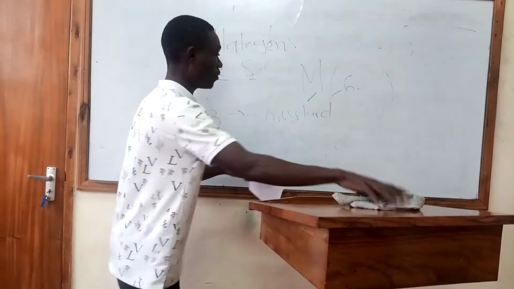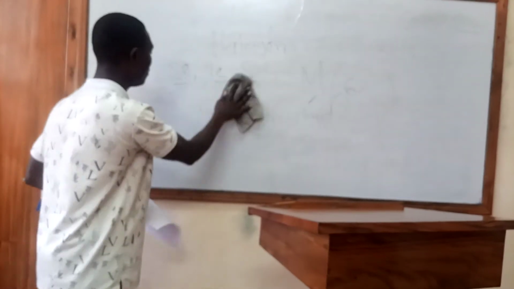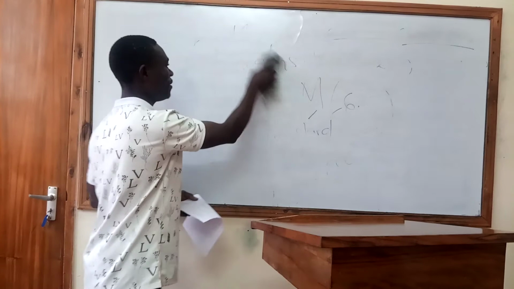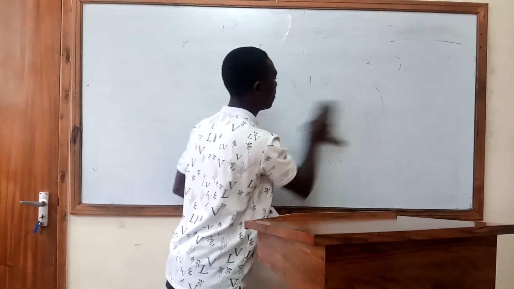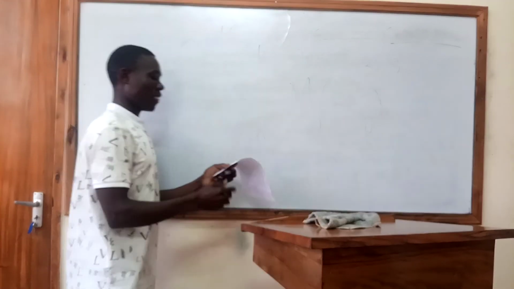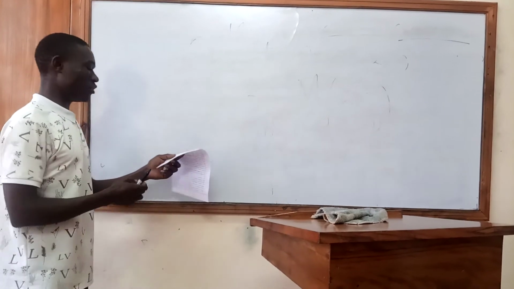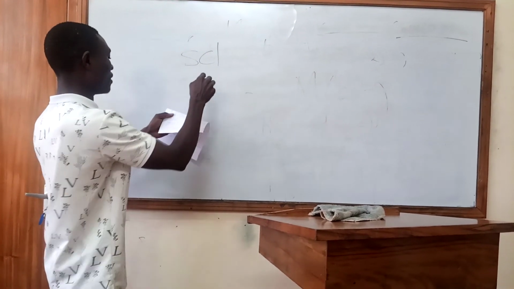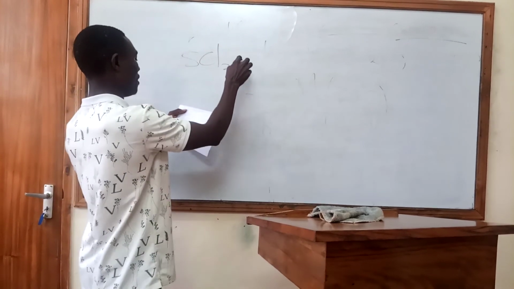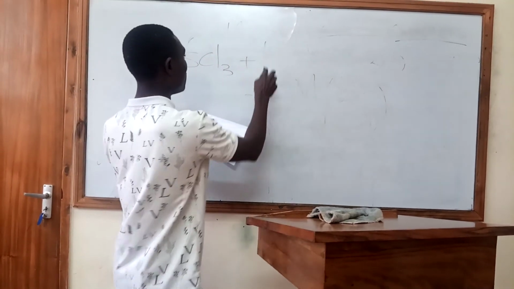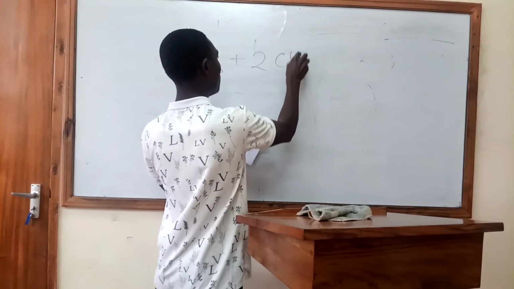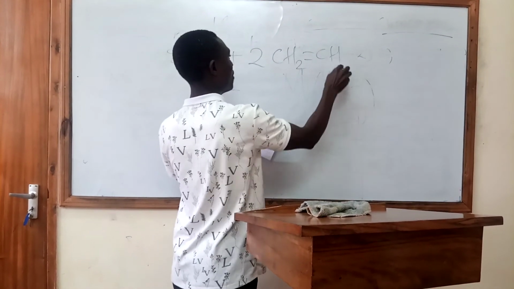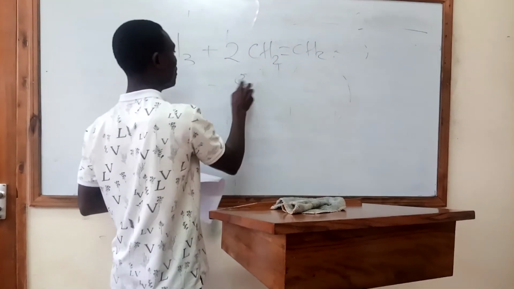We want to finish by writing the equation of the reaction of sulfur with a halogen plus an organic compound to form this gas. We have sulfur dihalide, and it reacts with this compound, which is called ethylene.